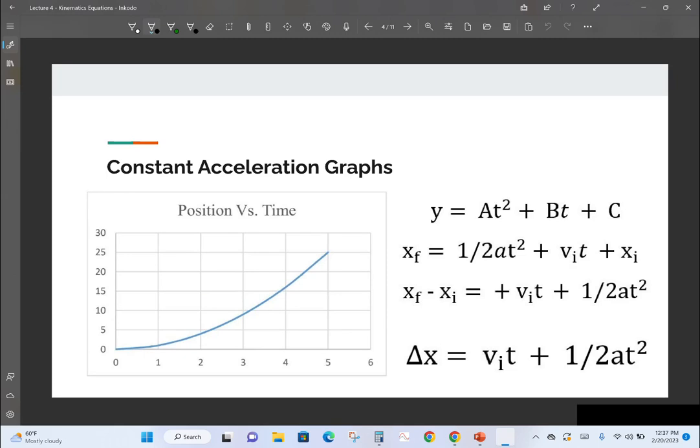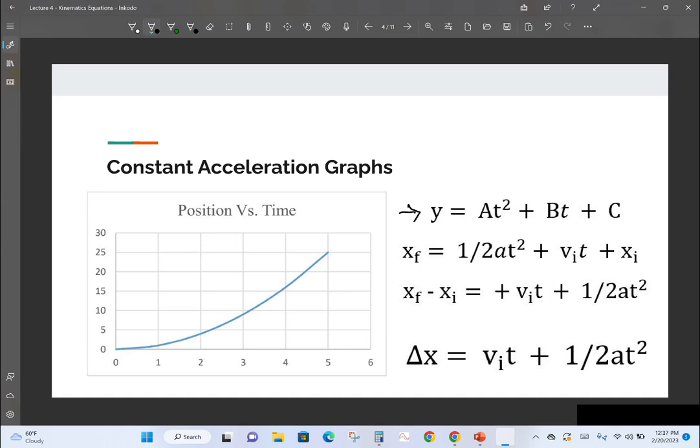The generic position graph for something that's accelerating is a parabola. And the generic formula for a parabola is y equals a t squared plus bt plus c. A, b, and c are constants. And when you do a quadratic curve fit, this is the generic equation.